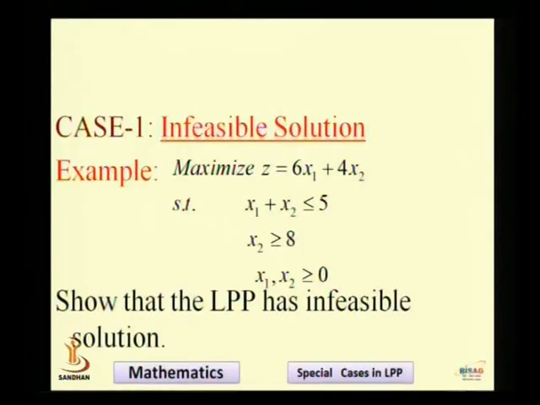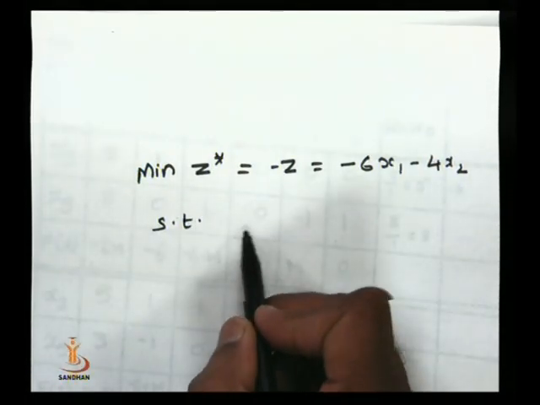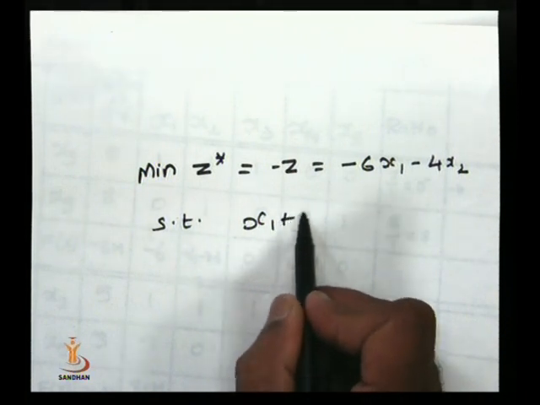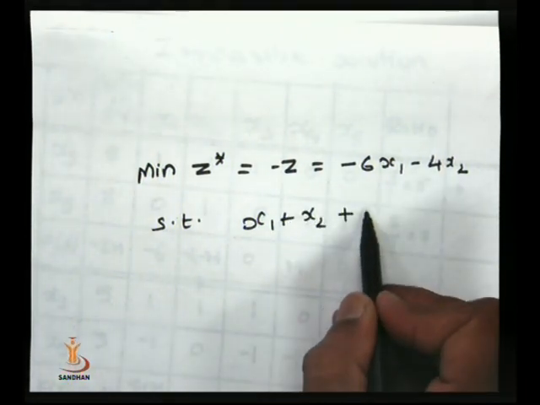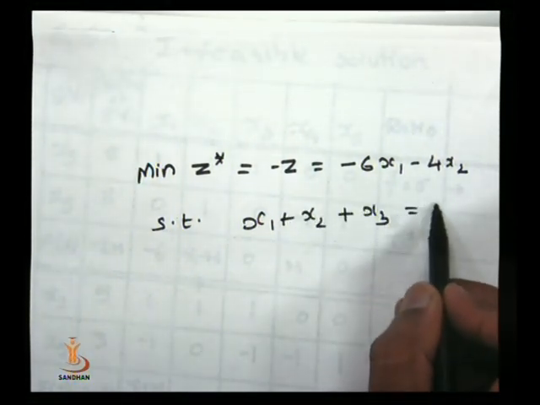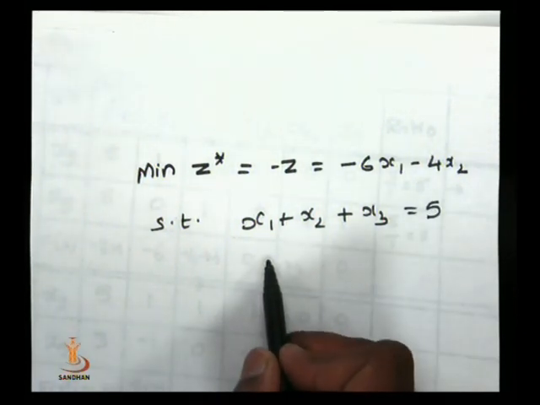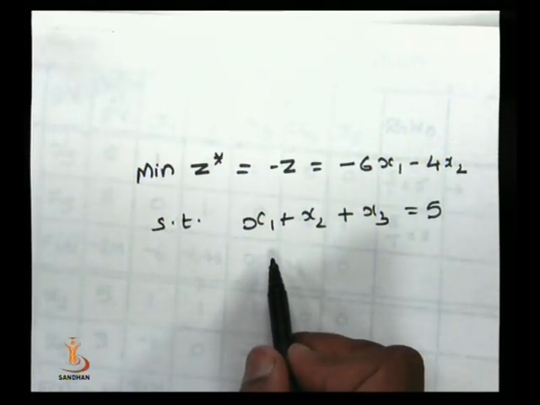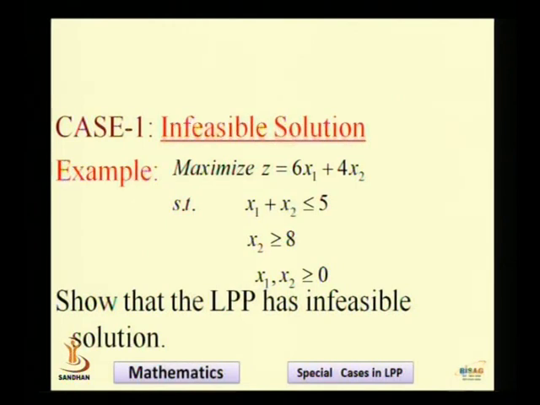The function was 6x1 plus 4x2, so it will be converted into minus 6x1 minus 4x2 subject to x1 plus x2 plus x3 is equal to 5, and the second constraint is greater than or equal to. So I will write the surplus variable: x2 minus x4 is equal to 8.